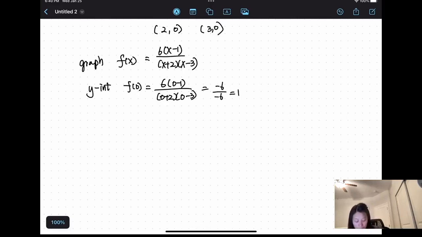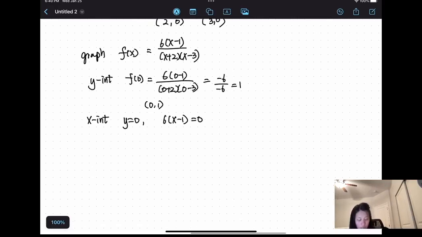So our y-intercept is (0, 1). Now the x-intercept. The x-intercept is when the function equals 0. When y equals 0, I will have the top equals 0, which means x is going to equal 1. So the x-intercept is (1, 0).